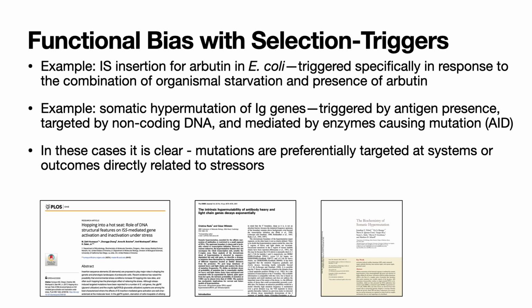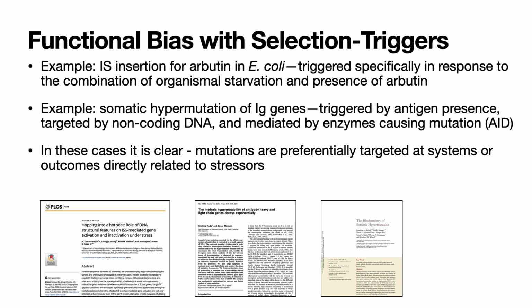However, if E. coli is starving and it's in the presence of arbutin, a mutation occurs that inserts a promoter that causes these cryptic genes to be activated. And this insertion sequence does not come about if both those conditions are not met, or at least the rate at which it occurs is orders of magnitude lower.